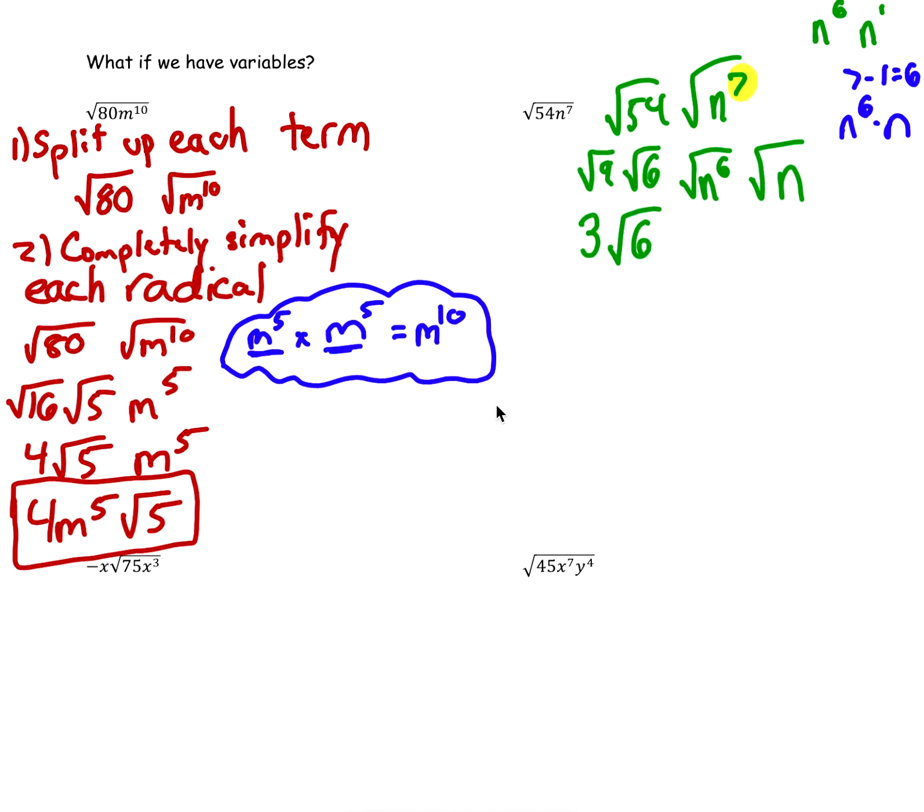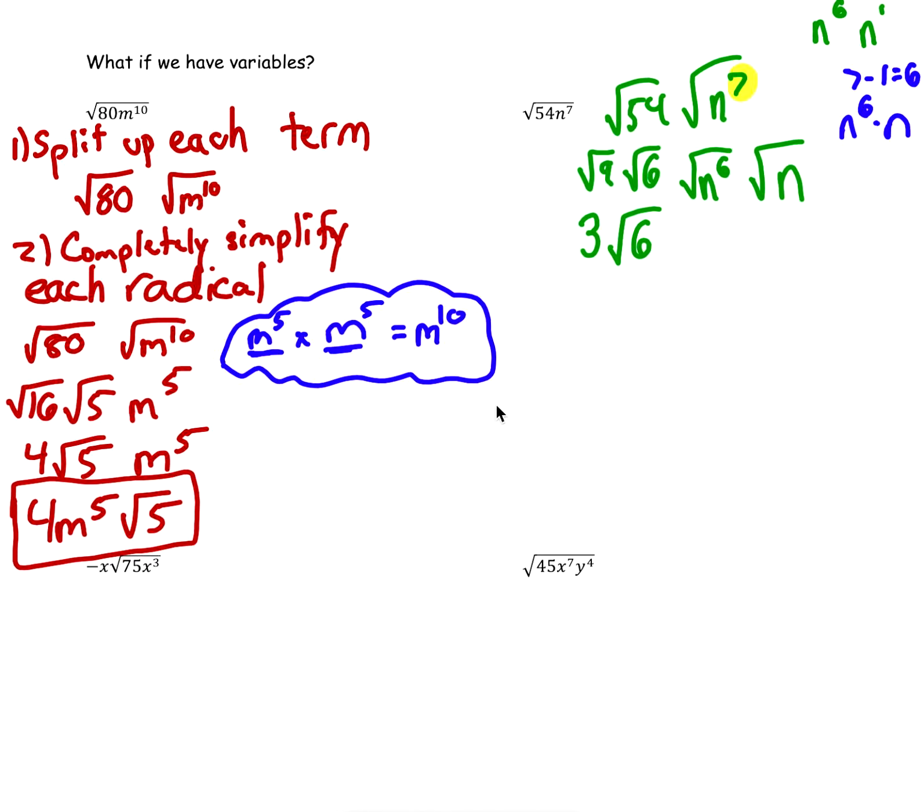So here are the answers to the next two. Notice I did the first step here, simplified by splitting up each term under the radical. And then I took each term on the radical. I simplified radical 75 into radical 25, radical 3. And then radical x to the 3rd, you've got to make it x to the 2nd times x to the 1st.